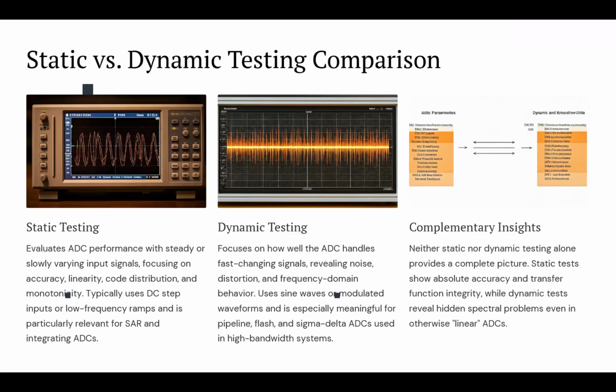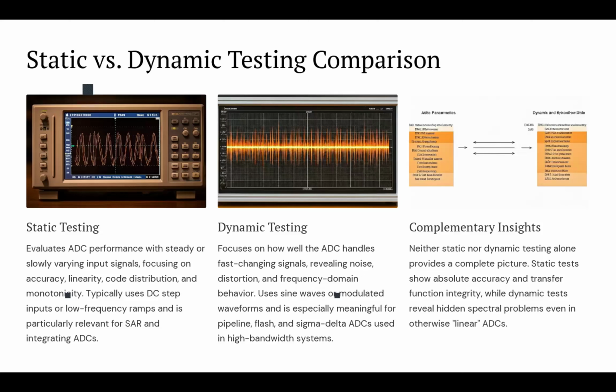Normally, the static test includes DC ramps or DC steps or a low frequency waveform as the input signal, and this static testing normally focuses on the accuracy and the linearity of the transfer function of our ADCs. We already said there are several parameters: offset error, gain error, DNL, INL.